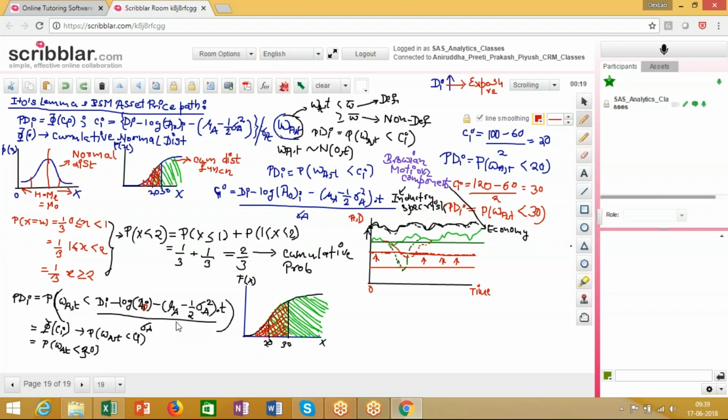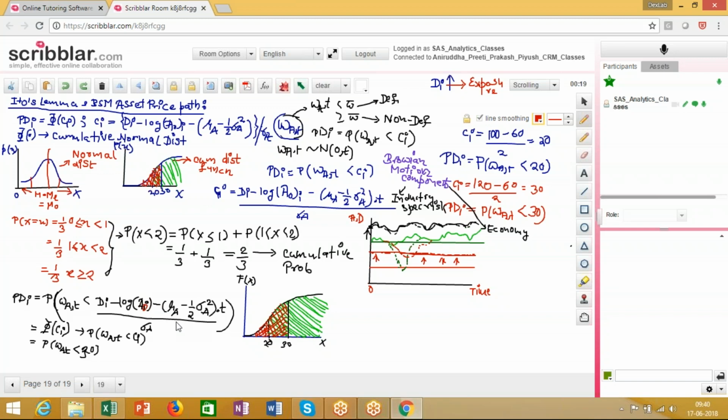Generally, sigma square a by 2 would be a larger value, because sigma a may be less than mu a, but sigma square a can very well be greater than mu a, because you are squaring a value, divided by 2. Now, generally, this difference is considered to be negative.